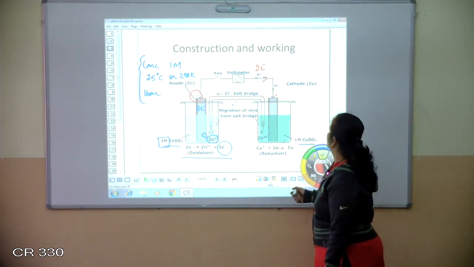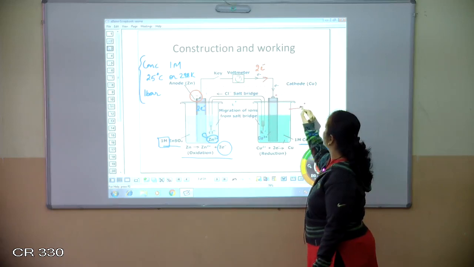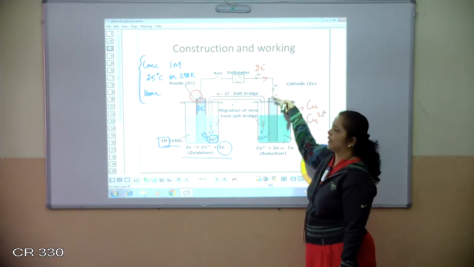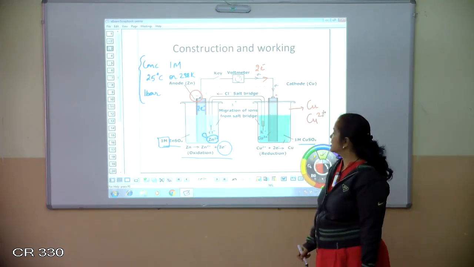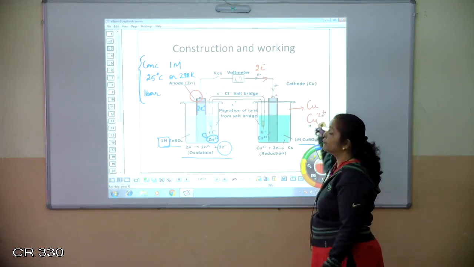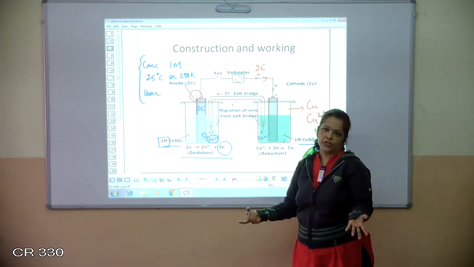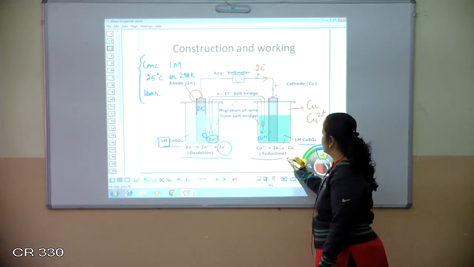At this particular half cell, you have 3 things. You have copper metal, you have copper 2 ions from the solution, and you are supplying electrons. It is understandable that if the electrons are to be accepted, they have to be accepted by the positively charged ions. That is exactly what happens here.